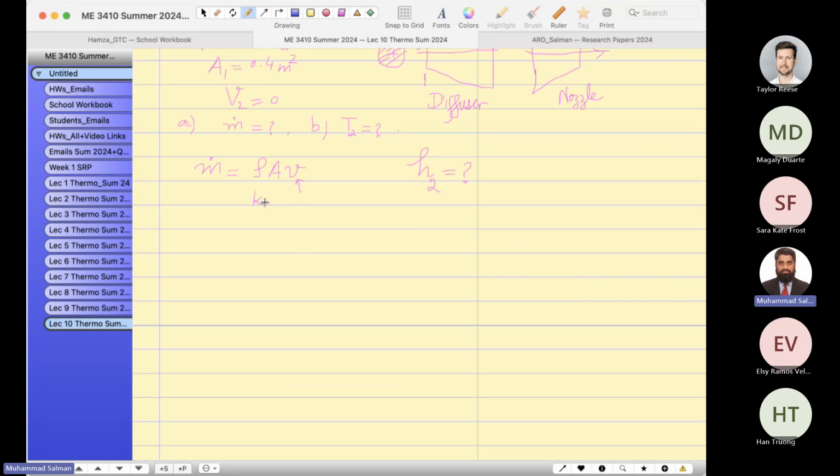Density is in kilograms per meter cubed. Unit of cross section area is meter squared. Unit of velocity is meter per second. The meter cubed is cancelled by these three m values, and you're left with the unit kilograms per second. This is the unit of mass flow rate. So let's use this equation.